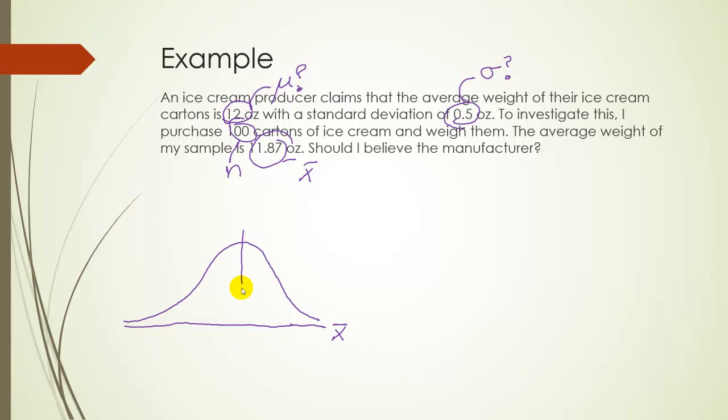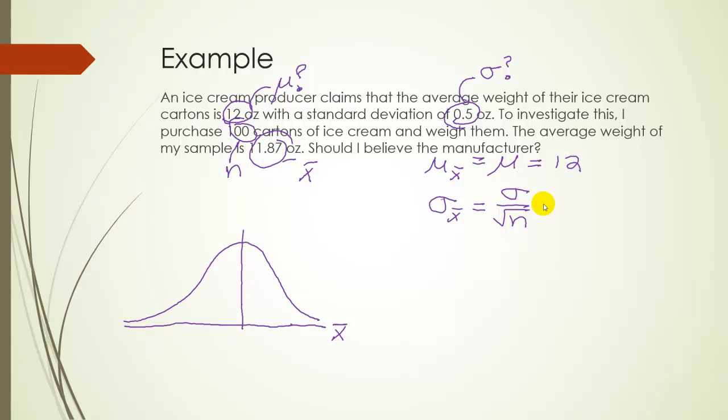Now I know the average x bar, mu x bar, is going to be equal to mu. And according to the manufacturer, mu is just 12 ounces. I also know sigma x bar is supposed to be sigma divided by the square root of n.